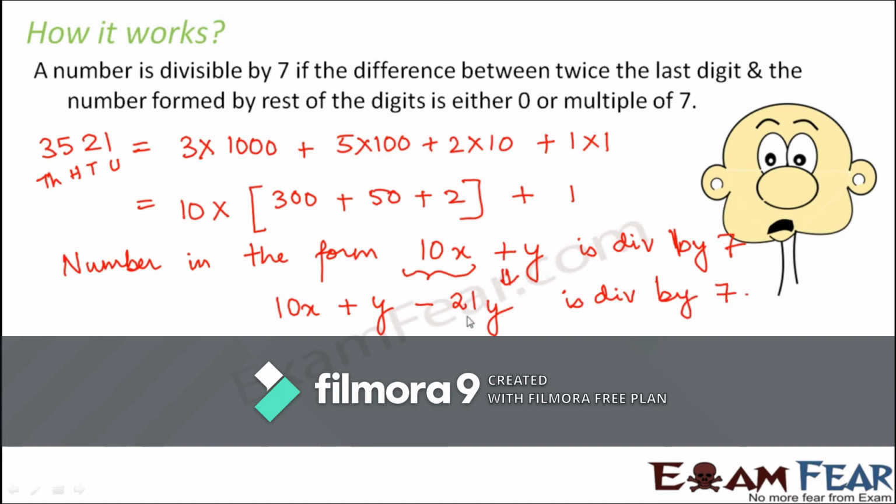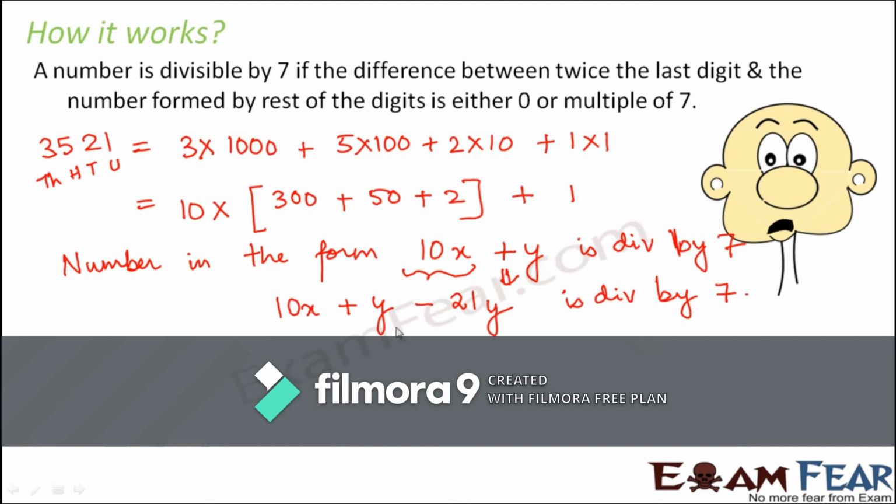Why? Because 21 is a multiple of 7, so the term 21y is divisible by 7. So if 10x plus y is divisible by 7, then 10x plus y minus 21y is also divisible by 7, because I have just added an additional term which is already divisible by 7.